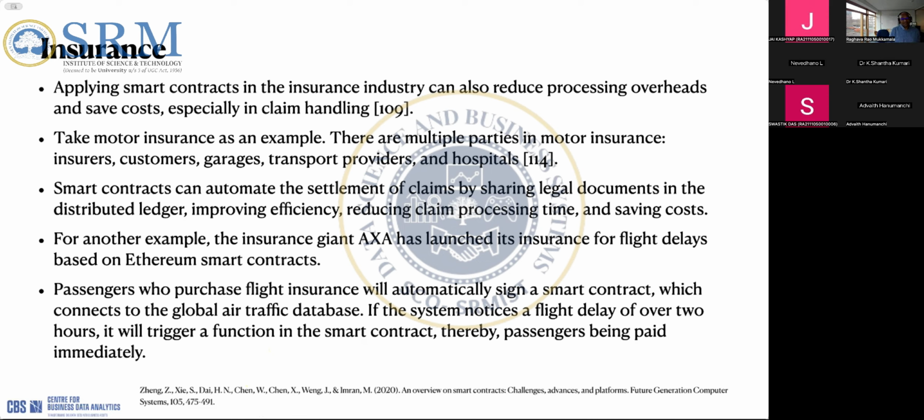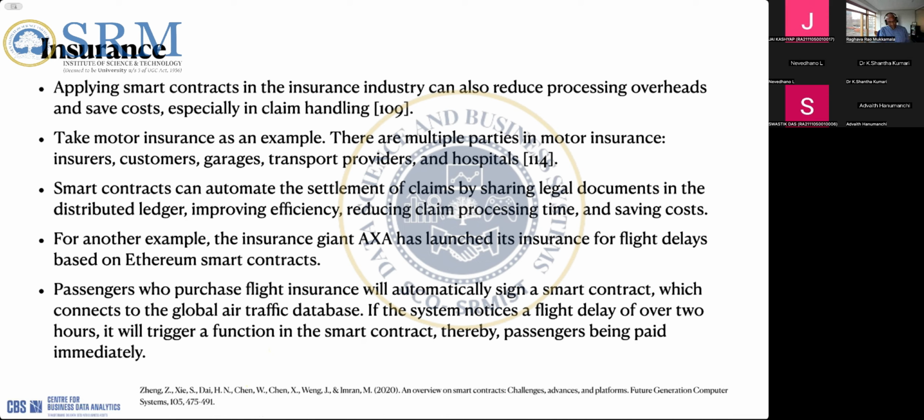So for example, let's say we have a smart contract defined for it. If the flight is delayed by more than 4 hours, you are eligible to get compensation, some money from the insurer.